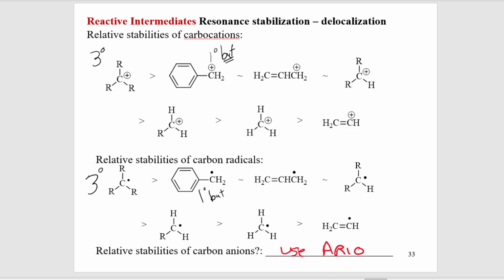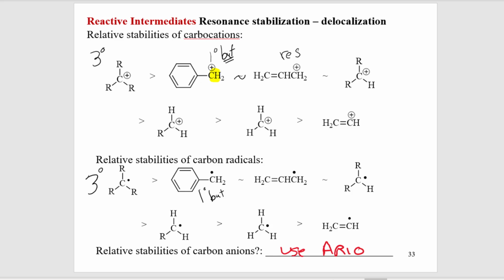This is a primary but. Check out the resonance. Whoa, it's got a benzene ring next door, and there's a lot of resonance contributors you can write for that. So it's primary, but it has a lot of resonance contribution. Notice that it's about the same, not greater than, it's about the same as just straight up one resonance structure next door, right? It's allylic.